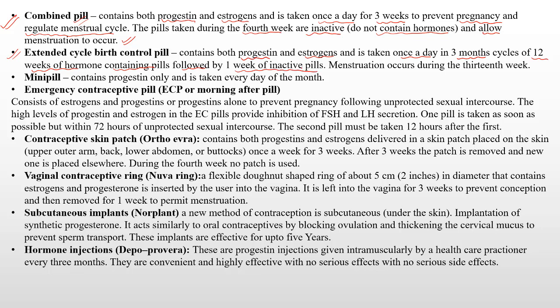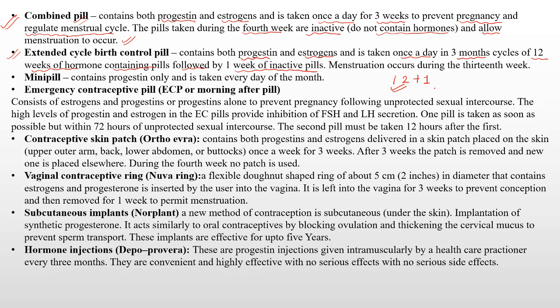So in this procedure, the extended cycle birth control pill is taken consecutively, every day for 3 months, and that cycle can be repeated accordingly. If 1 month has 4 weeks, 3 months means a total of 12 weeks. So 12 weeks of hormone containing pills are given, followed by 1 week of inactive pills. So the total is 13 weeks, 12 plus 1.